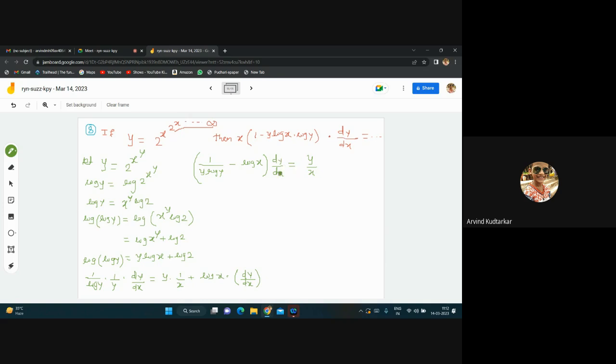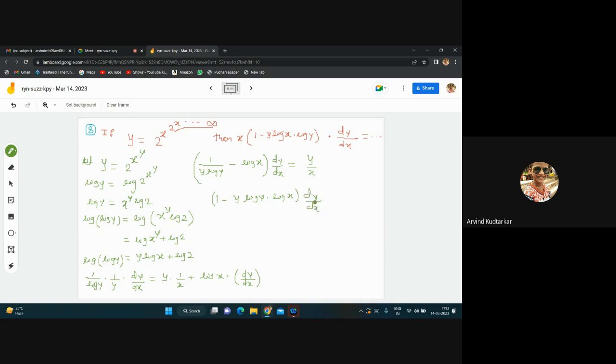When you are taking the LCM, there will be 1 minus y into log of y into log of x upon y into log of y, and that will shift to RHS.